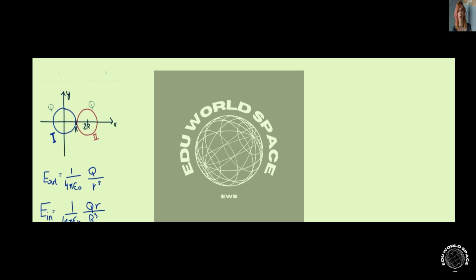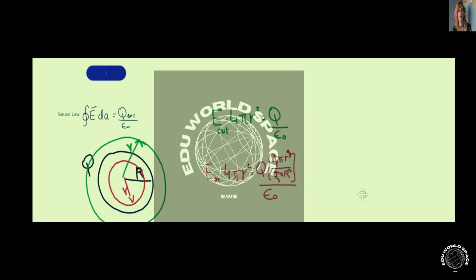Let's quickly go over where these expressions come from, just for some background. I've done the derivation right here, and I'll walk you through it. Let's look at Gauss's law, which is used to derive these expressions.